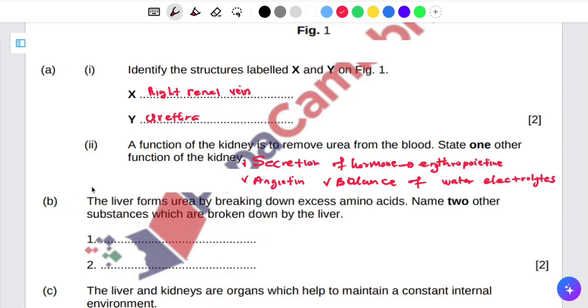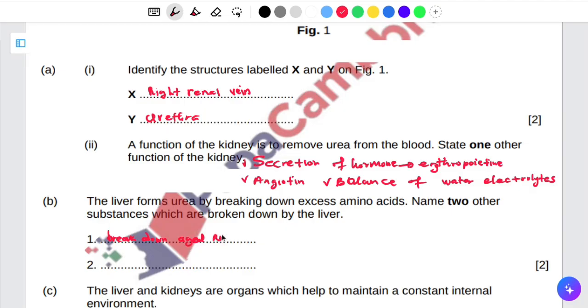Now question B is saying the liver forms urea by breaking down excess amino acids. Name 2 other substances which are broken down by the liver. The liver is very important in that it breaks down aged red blood cells.